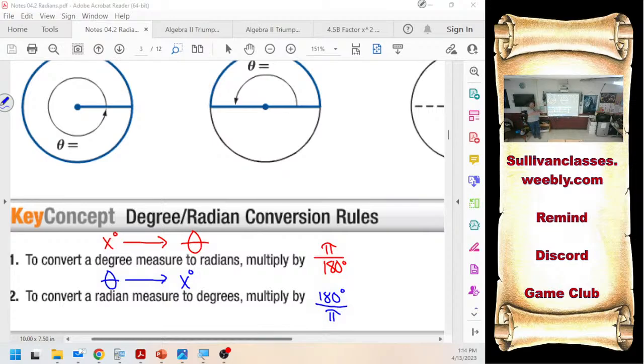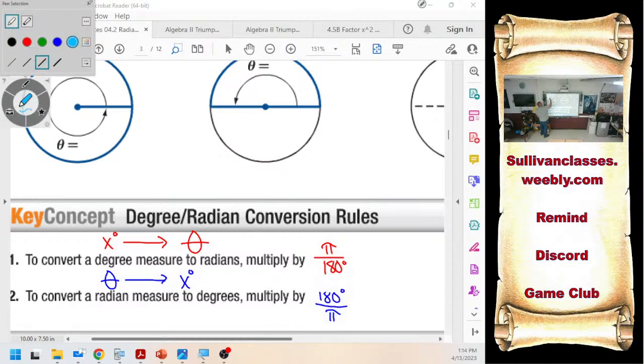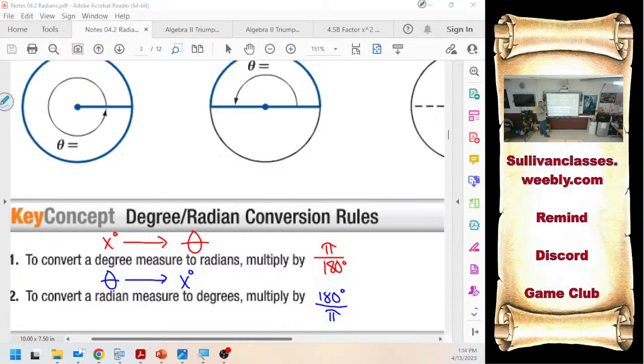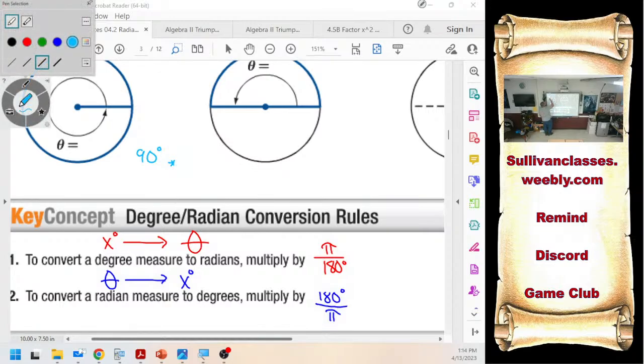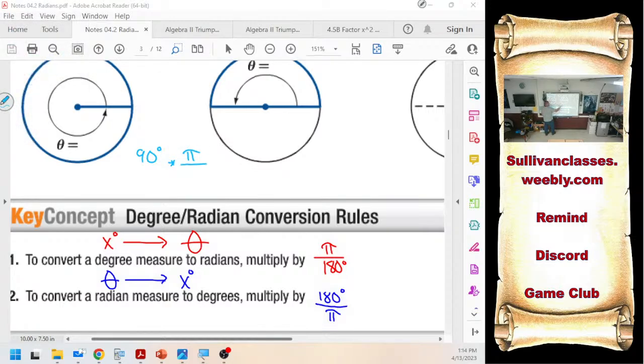I'll give you a prime example. Right above this, we have a couple. We said that 90 degrees was pi over 2. If I take 90 degrees times pi over 180, pi radians is to 180 degrees.